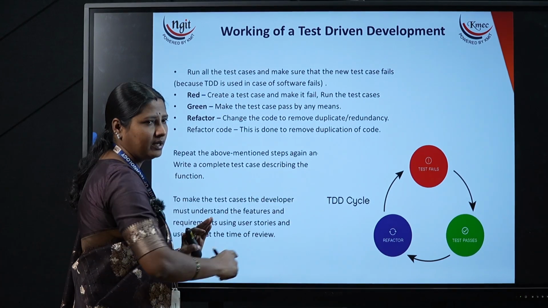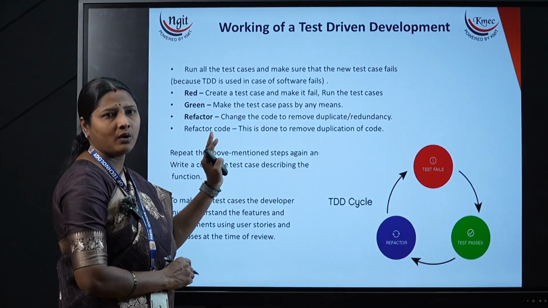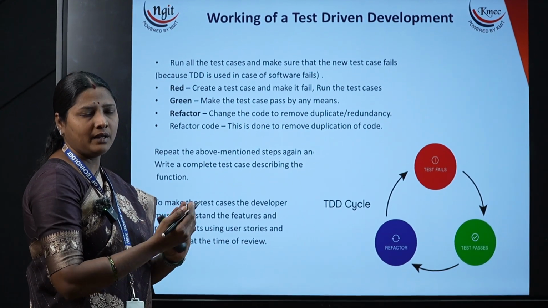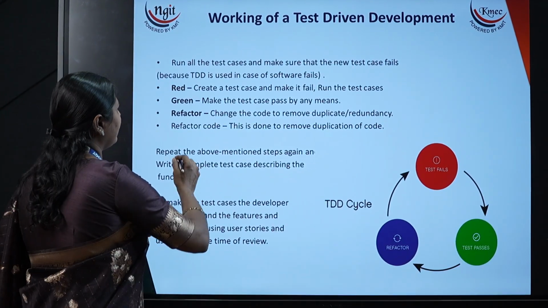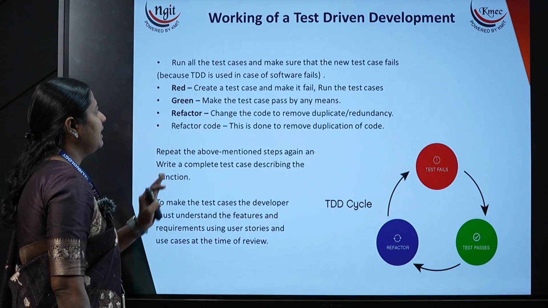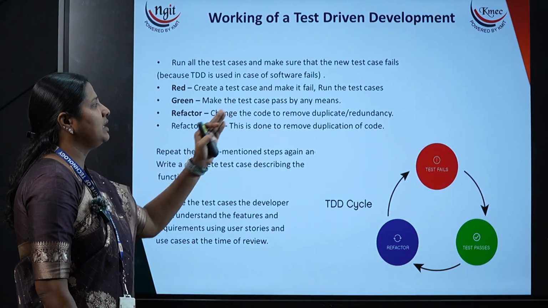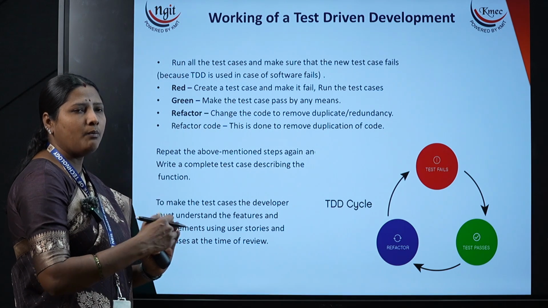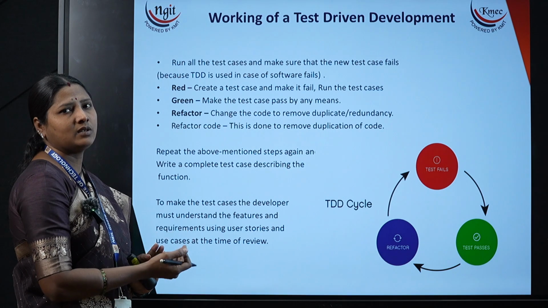The cycle is continuous in test driven development for all the individual modules, and then they go for developing the actual code. The red stage represents creating a test case and making sure it fails, running that test case, and then making sure the failing test case passes.